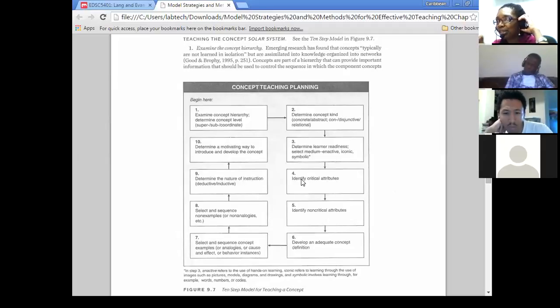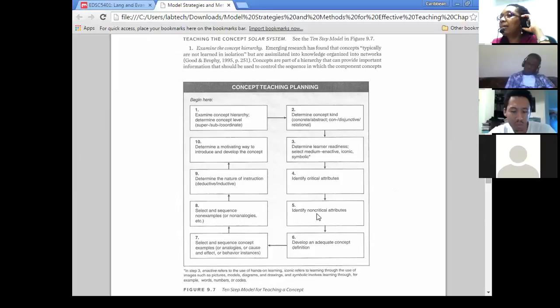What do they have to know? And then you decide now, what are the things that are important, but not really critical? Because you see, it is at the non-critical that a lot of students get lost with misconceptions. Because they get caught up in the non-essentials.